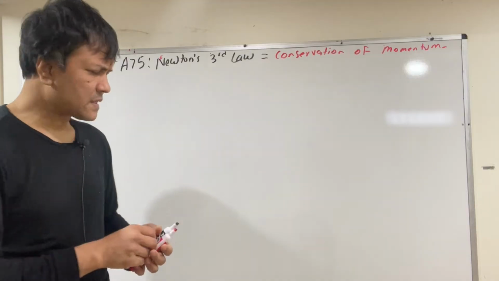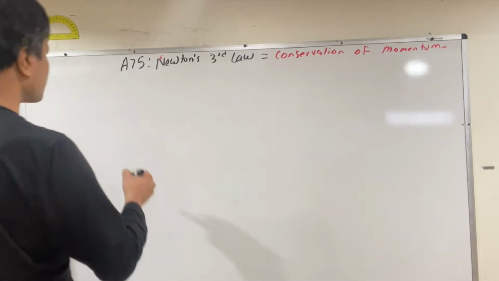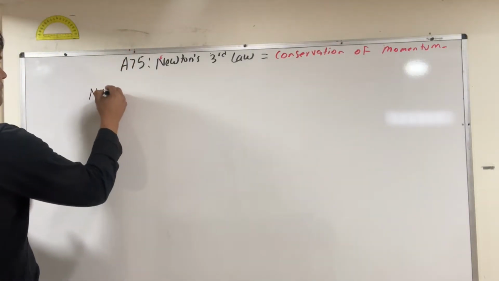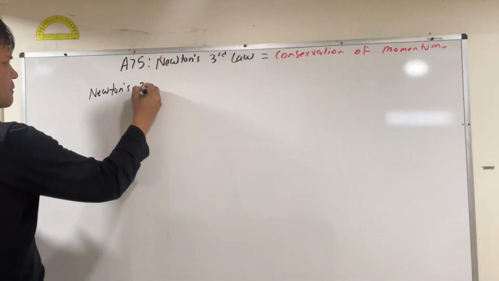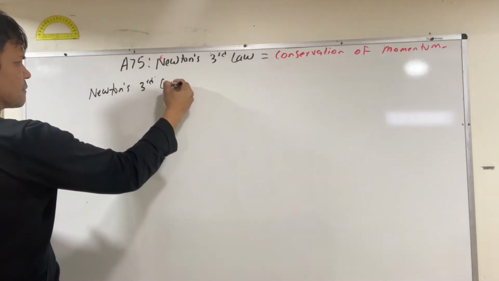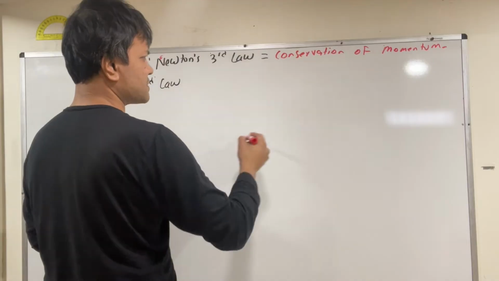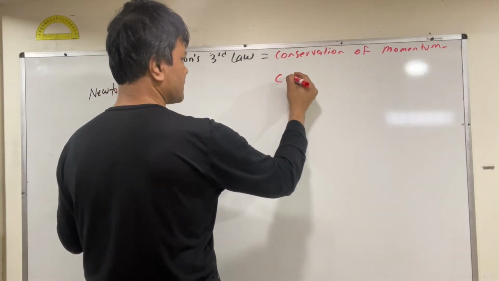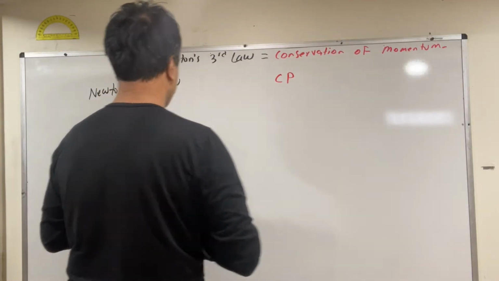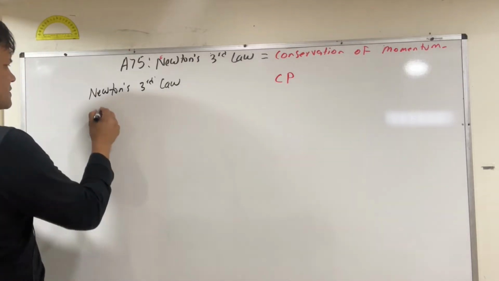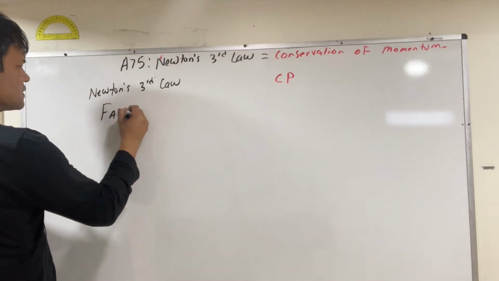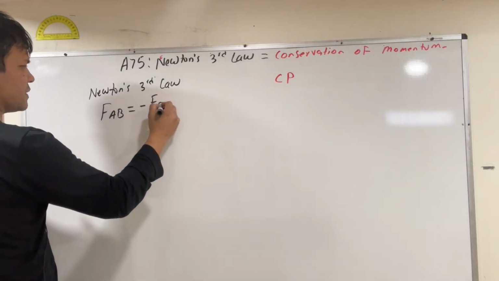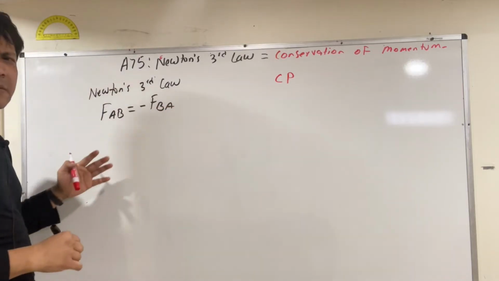So let's get started with writing Newton's third law, and then the conservation of momentum equation. Newton's third law is F_AB is equal to negative F_BA. What does that mean?